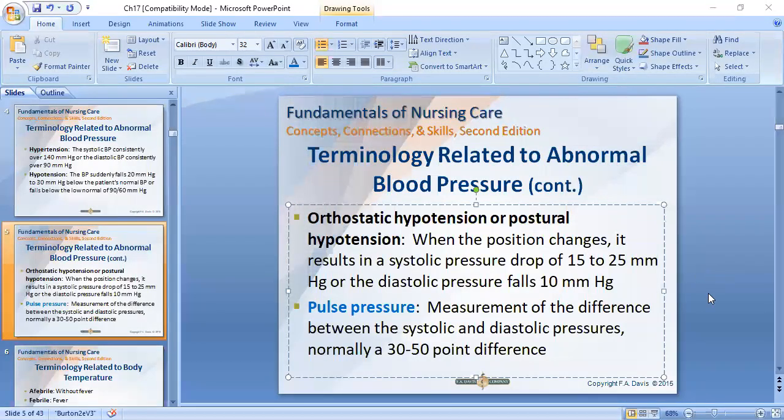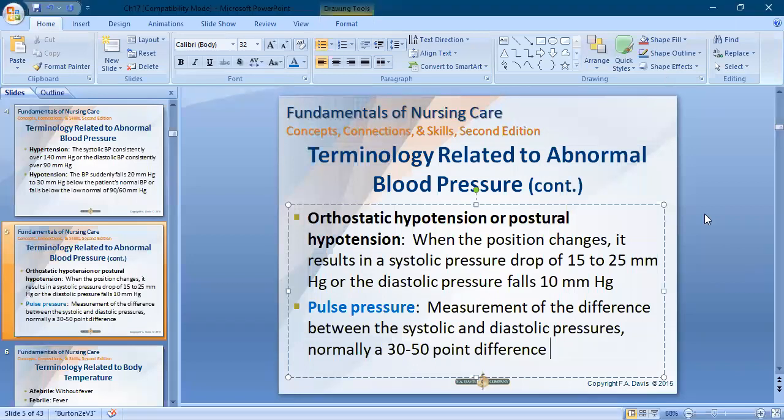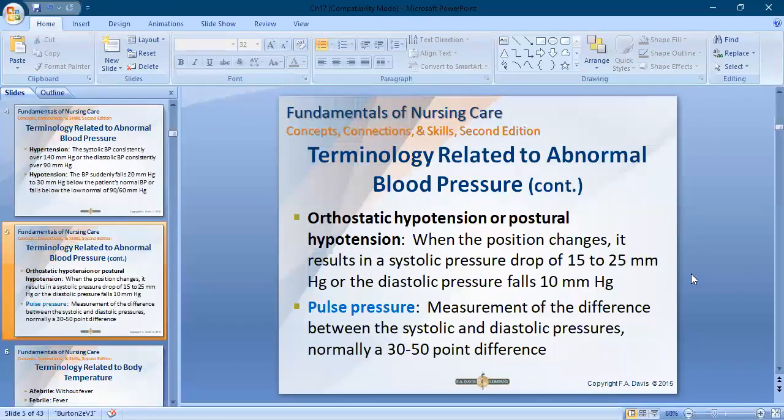Okay, so basically the pulse pressure means the measurement of the difference between systolic and diastolic.